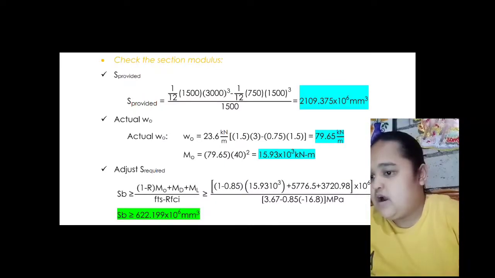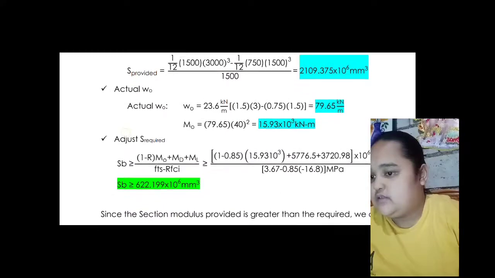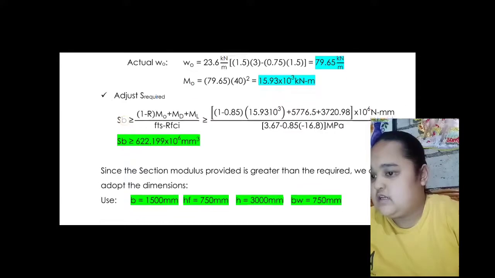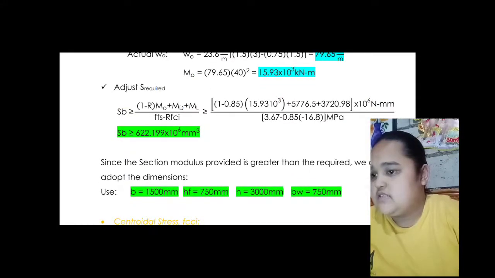The S required is 622.199 times 10 raised to 6 millimeter cube. Since the section modulus provided is greater than the required, we can adopt the dimension.